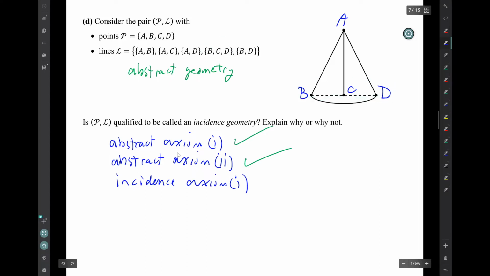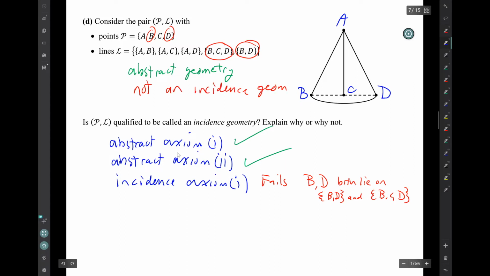But for the pair B and D, there are 2 lines that both B and D lie on, so it fails. So this is not an incidence geometry.